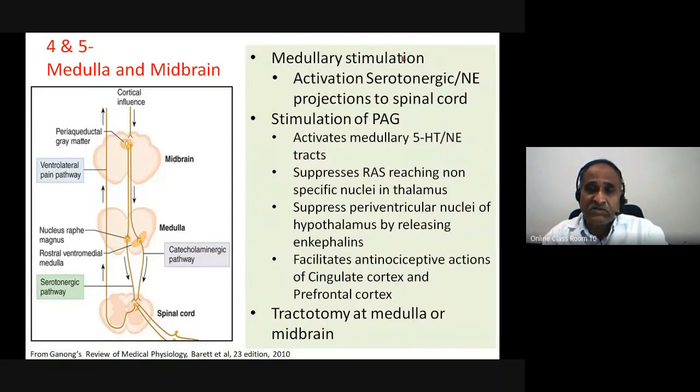It may be a good thing; one has to find out, especially one can try these things in chronic intractable pain due to terminal illnesses like cancer. Then tractotomy at the medulla, midbrain. Say for example, you cut this tract here.